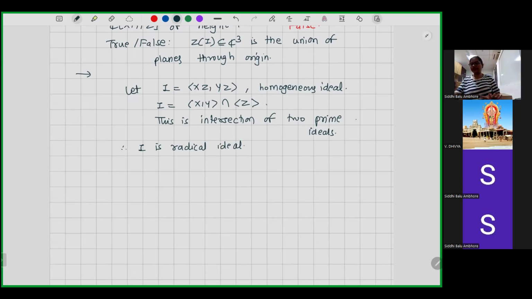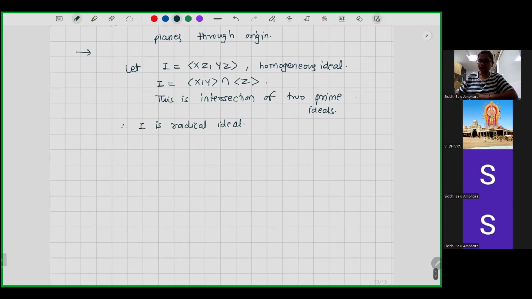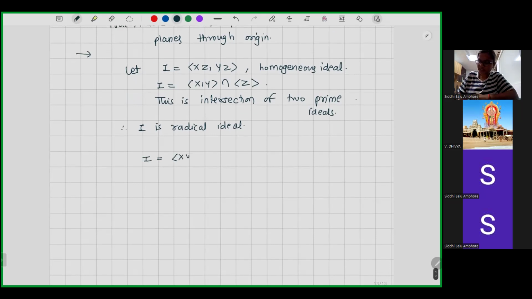Or we can directly check that I is a radical ideal, because it is an intersection of two prime ideals and so on. So I has this decomposition, x comma y intersection z.